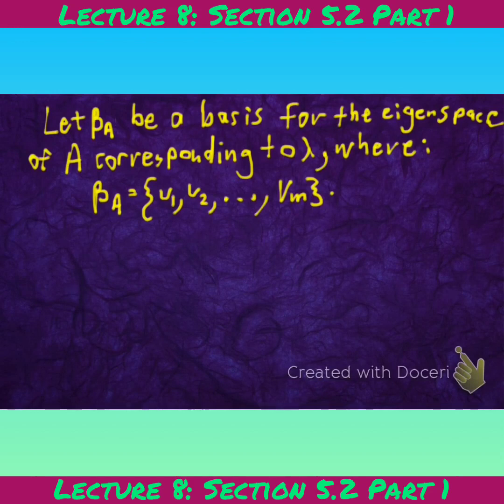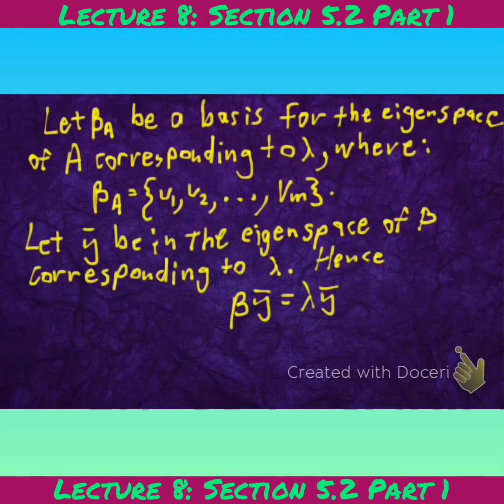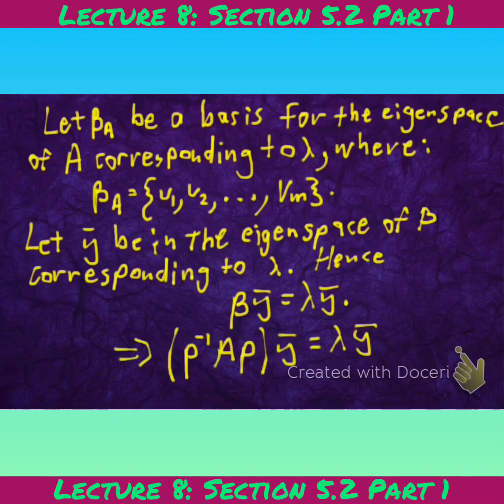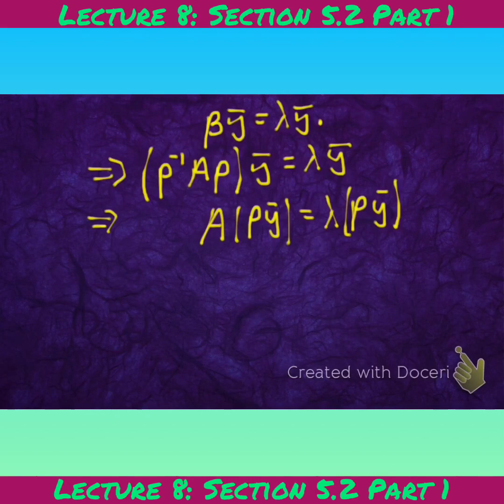And all we do is we take a vector y such that y lies in the eigenspace of B. So let y be in the eigenspace of B corresponding to lambda. So hence we have that property there. So we can replace B with that matrix. So we can then regroup, multiply on the left with P, and basically get this expression here.